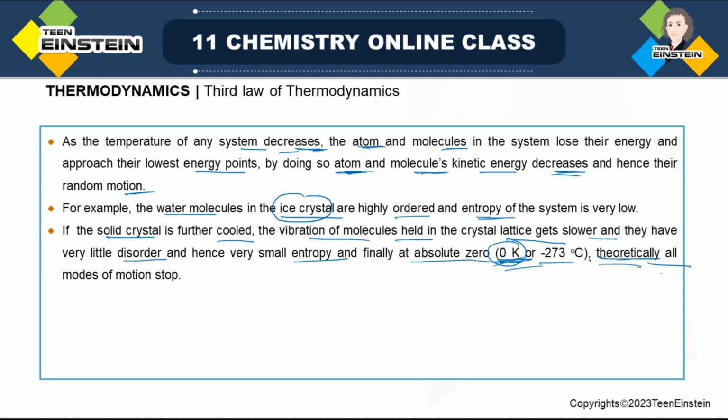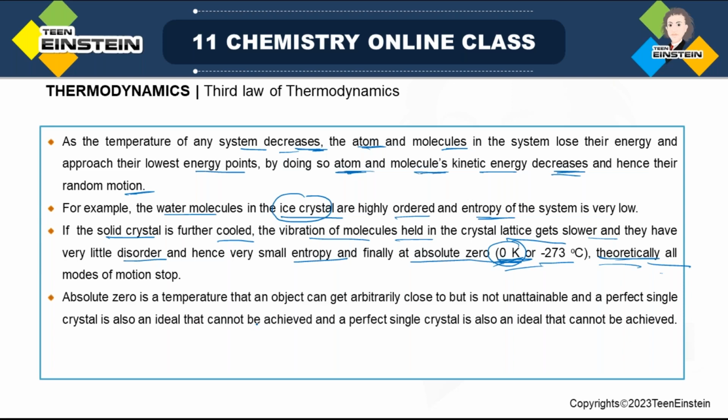If this is the minimum temperature, that means there is no motion left in the atoms and molecules of the solid. Here we have taken the example of an ice crystal, but not necessarily ice crystal, it may be any other solid. The important point is that for the solid you have taken, the motion of the atoms and molecules absolutely stops.